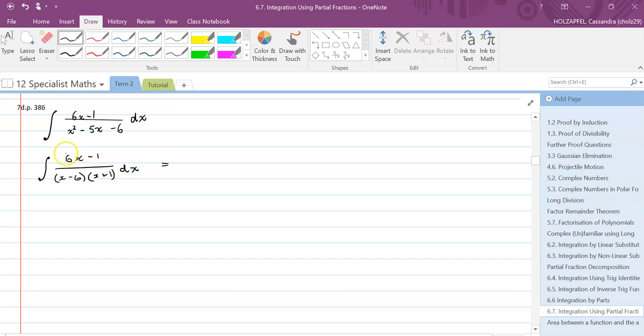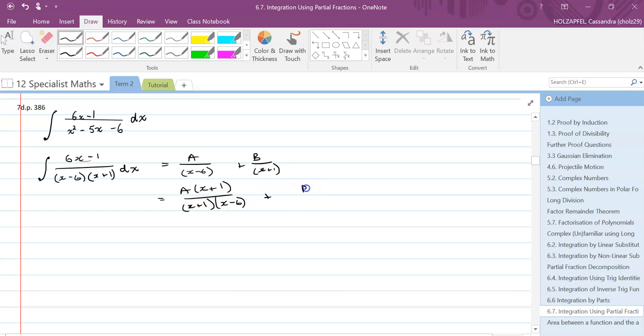So if we were to try to find this value here, this is going to be equal to some number over x take 6 plus some other number over x plus 1. And we're going to cross multiply now so that we get a x plus 1 over x plus 1 x minus 6.